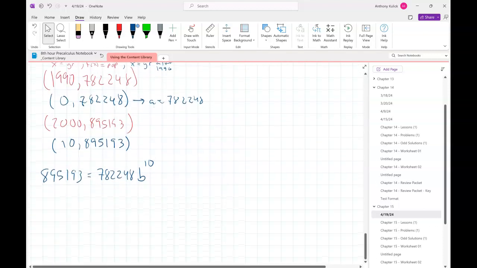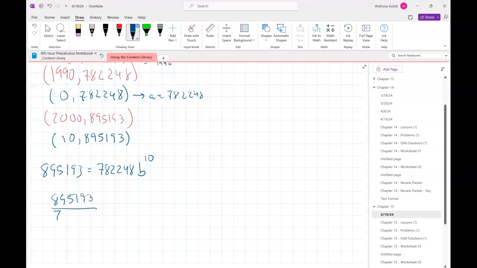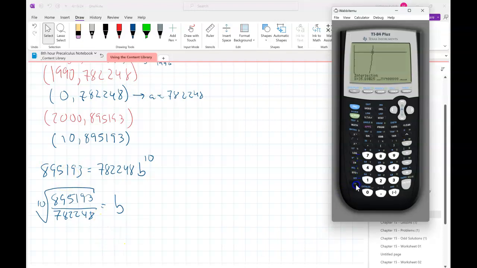And after I've done that, how do I get rid of the exponent of 10? The 10th root is correct. And notice that I'm not going to write the plus or minus because I know that b's are always positive. So I'm going to discard the plus or minus, even though that's an even root.